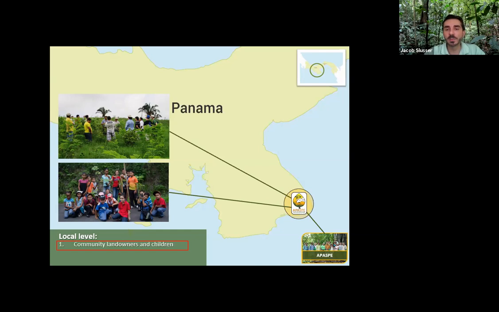So I just want to note that these events were key, not only to share about what they were doing on farm with other people that were interested, but really to help share this information with the greater community, and especially farmers who weren't part of the association, and to dispel rumors about their project, and to avoid a lot of negative gossip that originally had plagued their initial efforts.